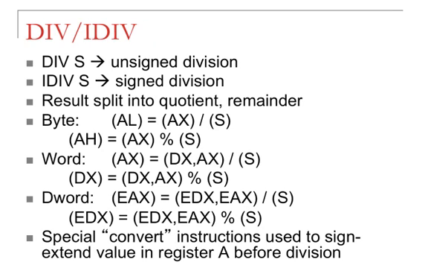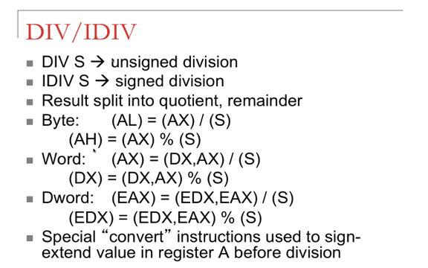Division is similar. We have unsigned and signed divisions, and we split into quotient and remainder. The quotient will be stored in the corresponding AL if the source is a byte, and then the remainder will be stored into AH.